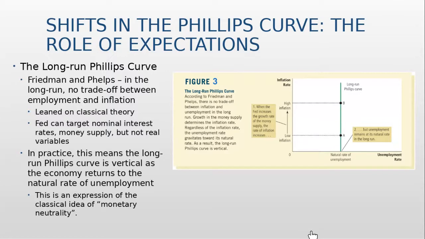The long-run Phillips curve argues that in the long run, there's no trade-off between unemployment and inflation. This leaned on the classical theory we discussed in chapters 16 and 17, the idea that there's a difference between real variables and nominal variables, and that inflation is a nominal issue. So in this theory, the Fed can target nominal variables like interest rates and the money supply, but not real variables. In practice, this means the long-run Phillips curve is vertical, as the economy returns to the natural rate of unemployment.